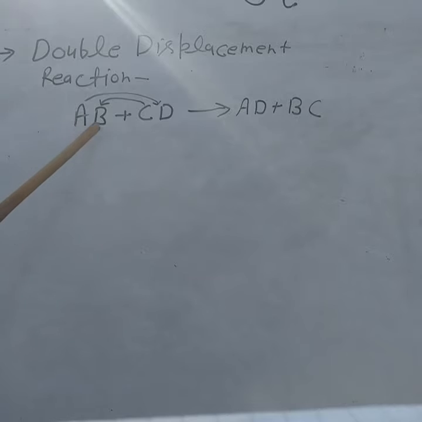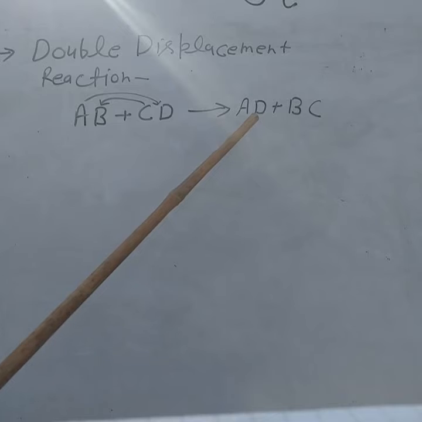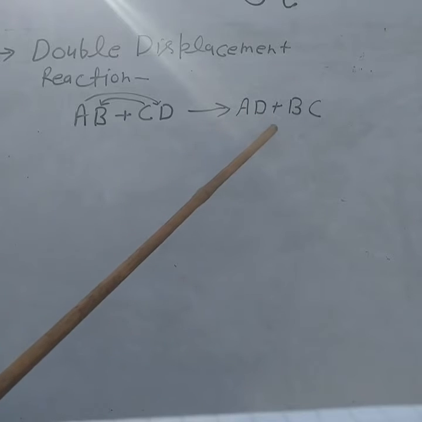Here AB reacts with CD, or in other words AB is interchanged with CD. In these reactions, D displaces the place of B and takes its place, so the product formed is AD.